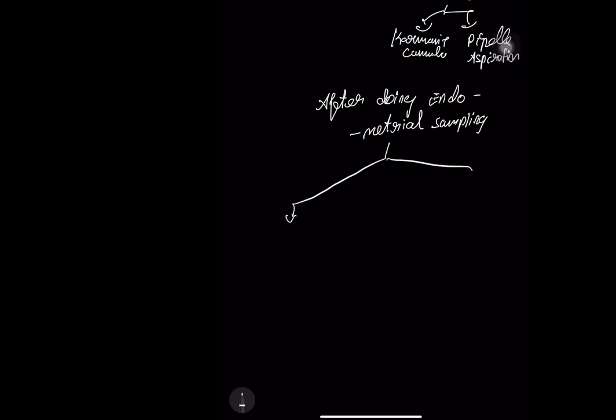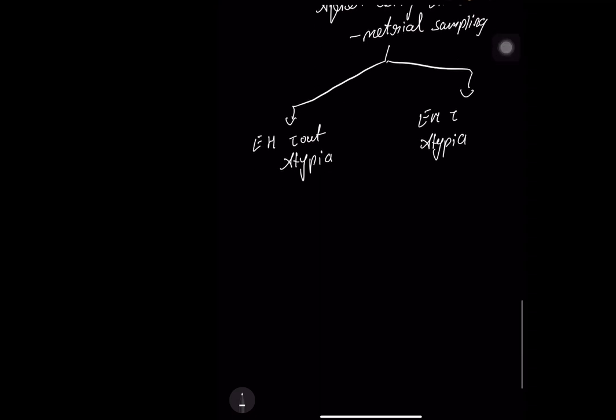The report may suggest endometrial hyperplasia without atypia or endometrial hyperplasia with atypia. What if the report says it's endometrial hyperplasia without atypia? Then we can go with the further management. The drug of choice would be progesterone.